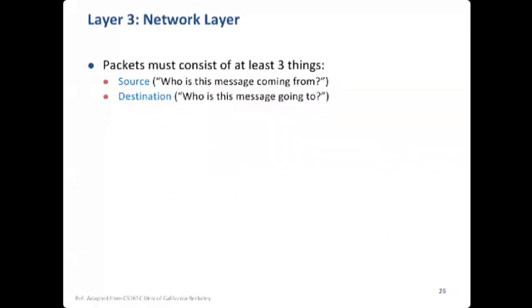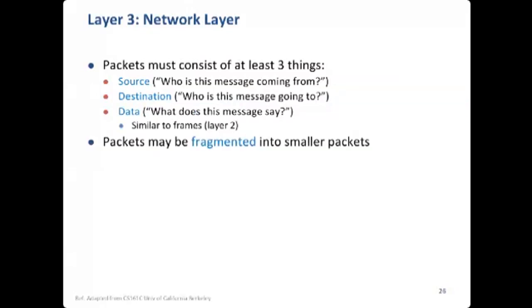First is the source address, like your mother's laddu packet that you may get on Diwali, which comes with her name and house address. Then the destination, your physical address. Those two things are important. And of course the contents, like laddus, or the data that an IP packet may contain. It is very similar to what we did in layer 2.